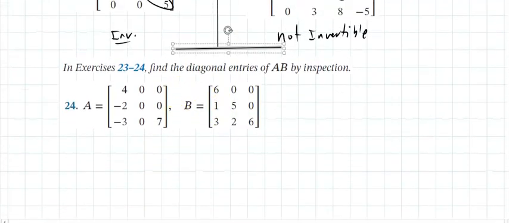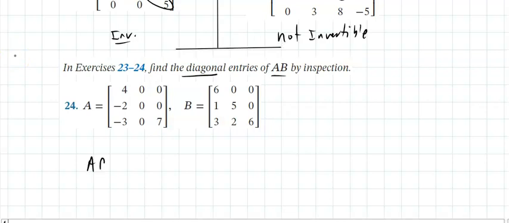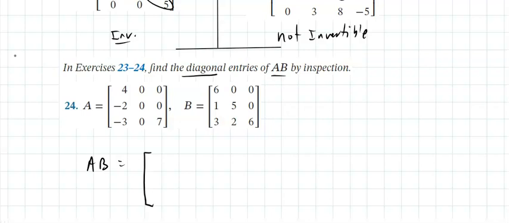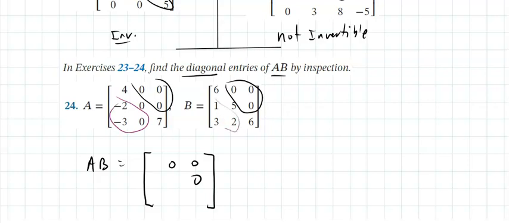And last problem we have, they only want us to focus on the diagonal. So when you multiply AB, only the diagonals. So do you see that this is an upper triangular and this is an upper triangular? That is maintained. When you multiply here, you're going to get some values. They don't care what those are.